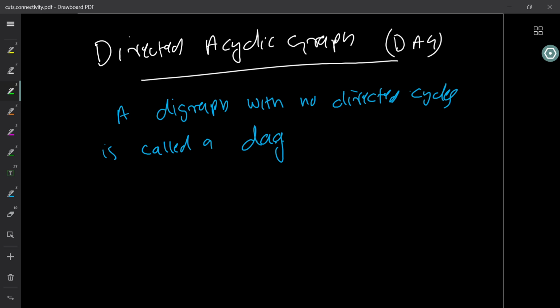A directed acyclic graph is basically a directed graph with no directed cycles. It is sometimes called a DAG. In some books, they will define it somewhere, but they talk about DAGs. So DAG is basically directed acyclic graph.